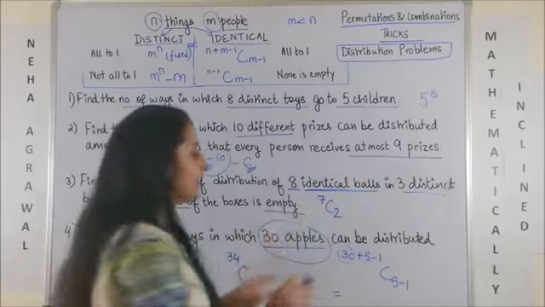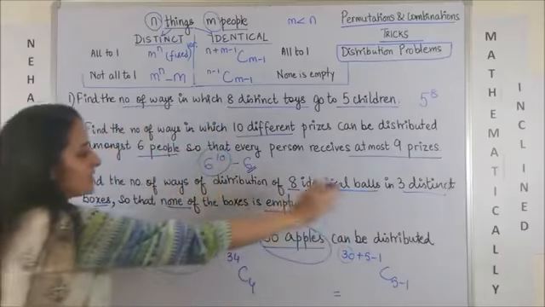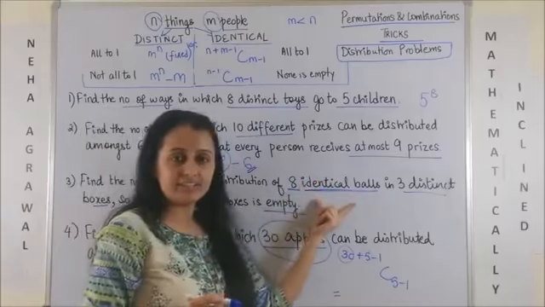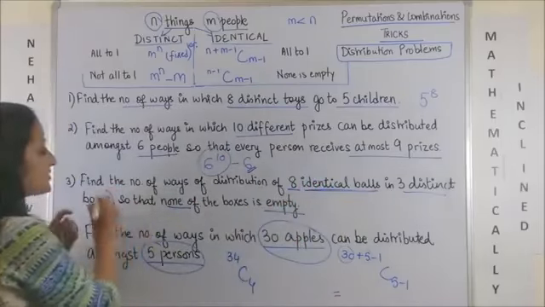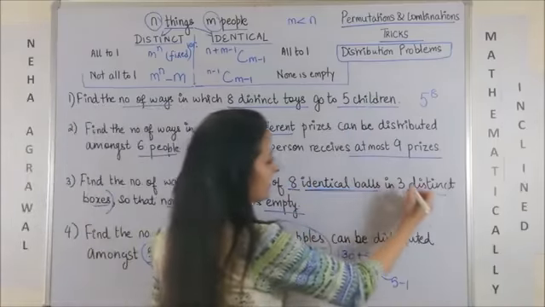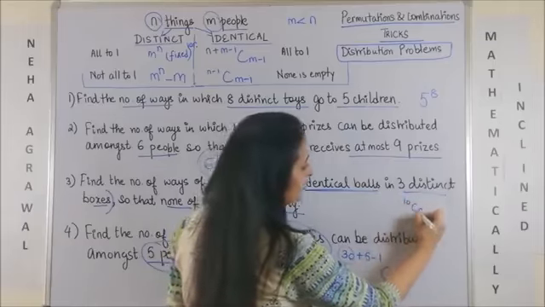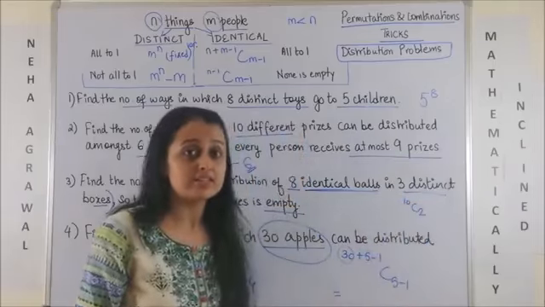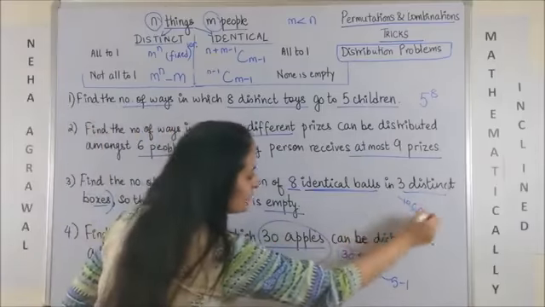So if you read the question till here, the moment you see identical balls in 3 distinct boxes, if the question was till this point, I would apply the previous formula, which would be 8 plus 3 minus 1. That makes it 10C2, and that would have been the answer. However, the question continues further, so I don't use this.